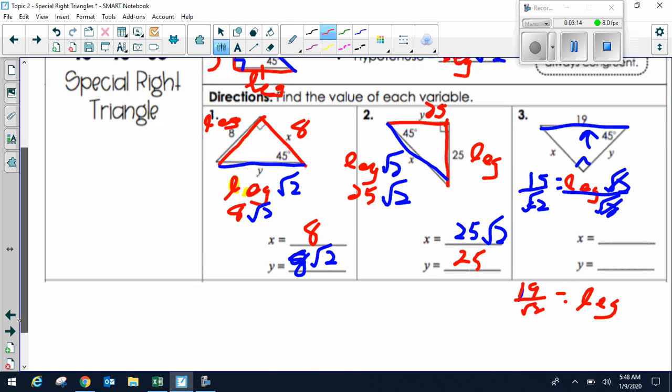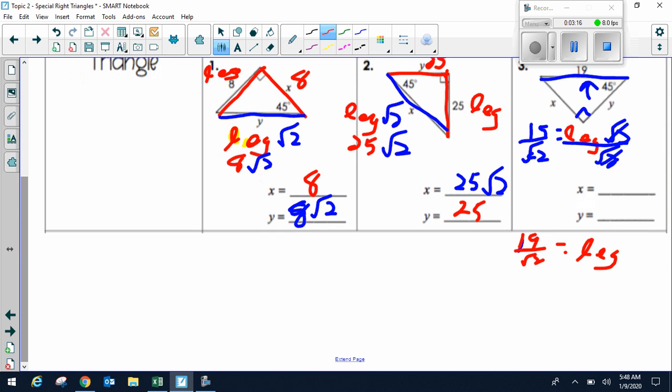That's fine and dandy, but there's one problem. You can't have a denominator that is a square root. So we have to do this concept called rationalizing. We multiply by the square root of 2 over the square root of 2.